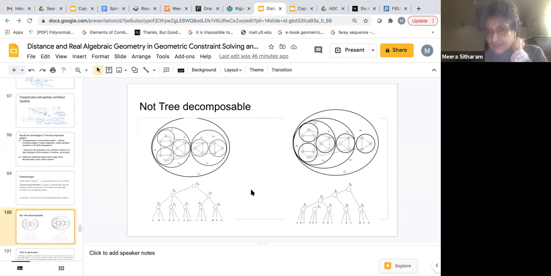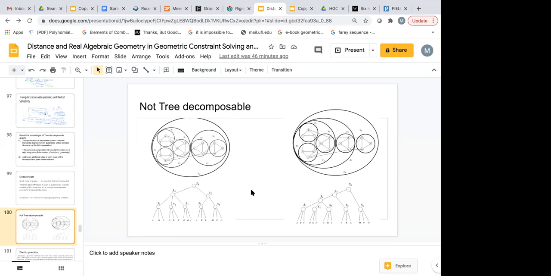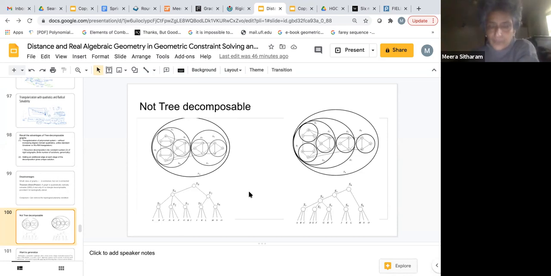In general, non-trivial decompositions, by which I mean anything that doesn't just decompose into edges, can be widely different. In fact, we will talk about that. There's a problem of finding a decomposition that minimizes not the length from the root to the leaf, but the maximum number of children of any given node, because that dominates the algebraic complexity of solving the system eventually.